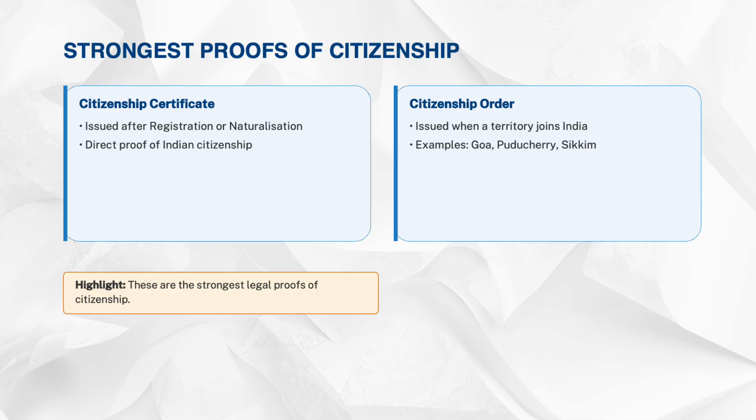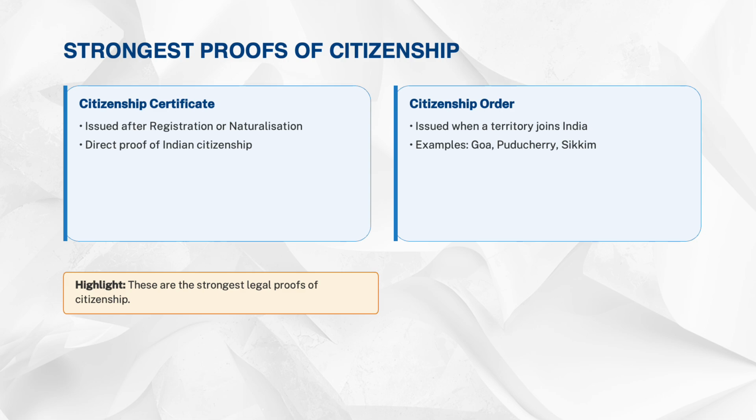You acquire a citizenship certificate when you are registering or by the process of naturalization. Us, we don't have a citizenship certificate. By default, we're Indians. But people who were not Indians have to acquire a citizenship certificate. So that's the strongest proof of citizenship, not Aadhaar card, not PAN card, nothing. Okay, citizenship certificate, the strongest proof.